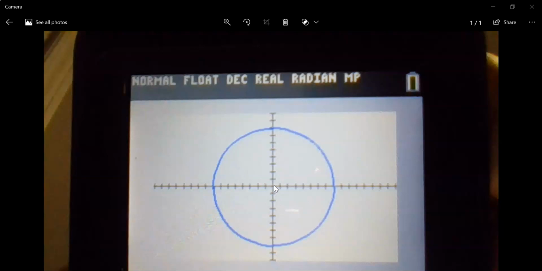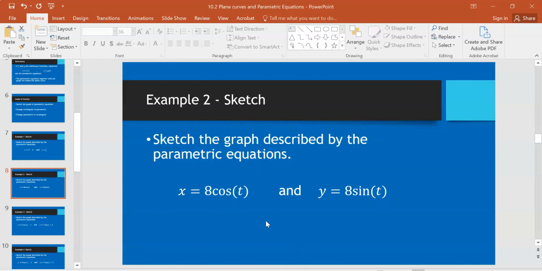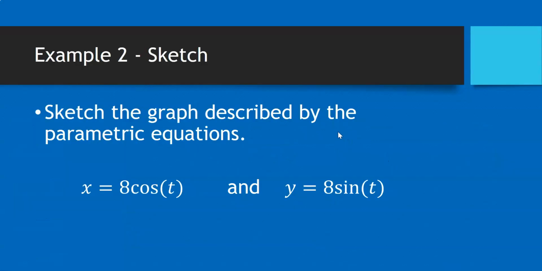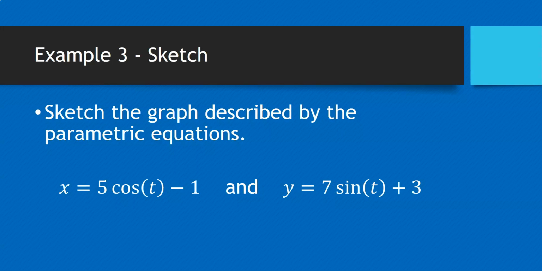And notice that it's centered at the origin, 0, 0. So 8 cosine t as the x and 8 sine t as the y gave me a circle of radius 8, centered at 0, 0. I want you to see what happens with this equation. Sketch these curves using your calculator and see what you end up with.